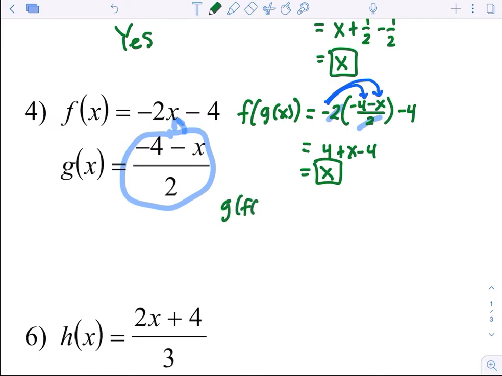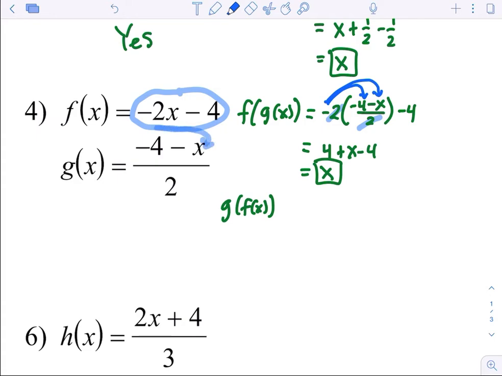Now let's test g of f of x. Okay, so g of f of x, that means we're substituting our f of x in for g of x. So we're going to get -4 minus -2x minus 4 all over 2.